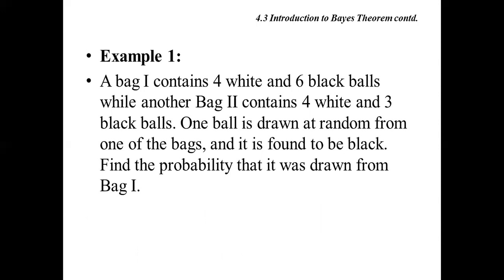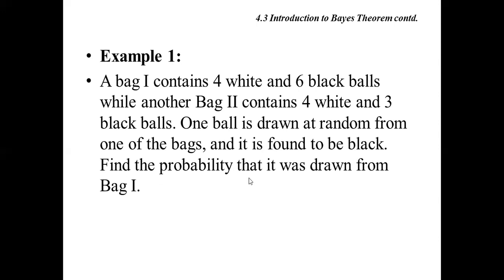Bag 1 contains 4 white and 6 black balls, while bag 2 contains 4 white and 3 black balls. The total number of balls is 10 in bag 1, and in bag 2 we have a total of 7 balls. Now one ball is drawn at random from one of the bags and it is found to be black.